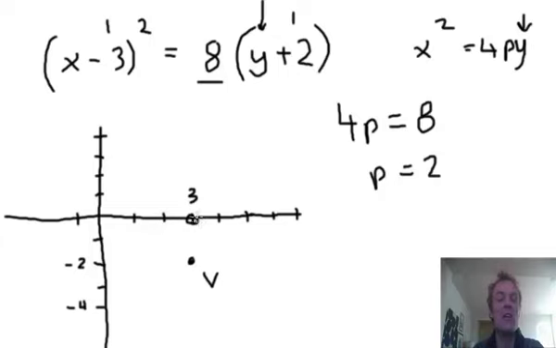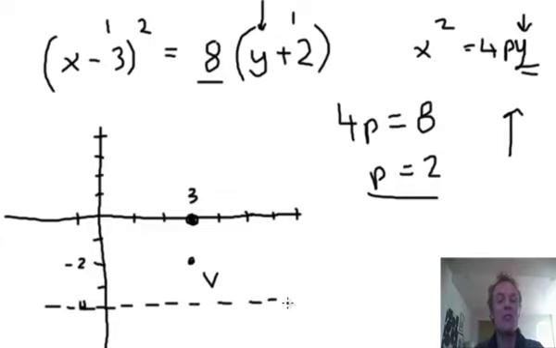This point here is going to be my focus. I went a distance of 2 up the y direction. That's my focus. Now the directrix, of course, will be 2 behind that, so my directrix is going to be at y equals negative 4.